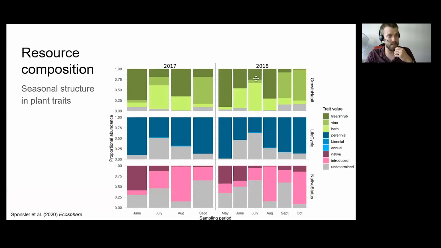And then interestingly, the trees you see here during the August samples are mainly a plant called Devil's Walking Stick, which is an invasive understory plant. It's Aralia elata, the Latin name, and it's extremely common in parts of Philadelphia, and that becomes the main resource for honeybees during that August dearth period.